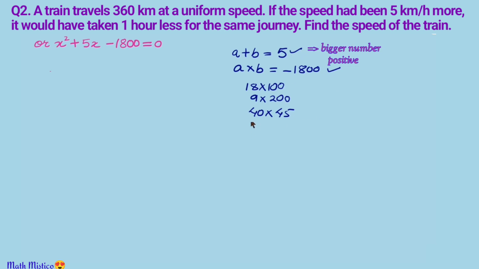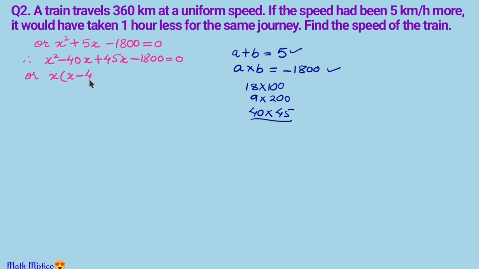It means the numbers we have to use are 40 and 45. Therefore, x square minus 40x plus 45x minus 1800 is equal to 0, or x into x minus 40 plus 45 into x minus 40 equal to 0.